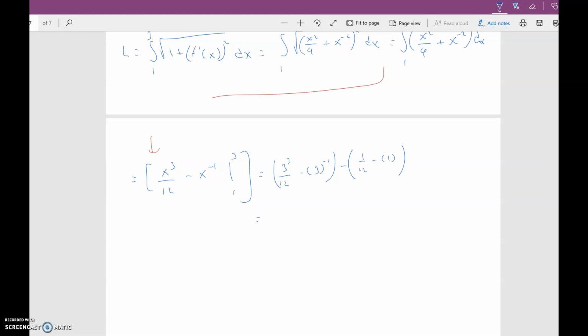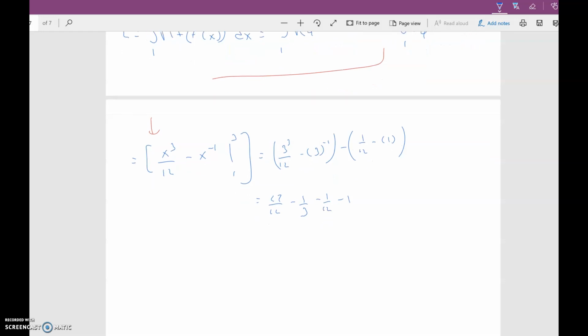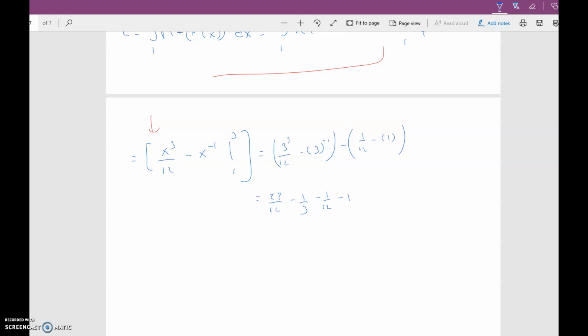So let me see if I didn't mess up somewhere. No, so this one is going to be 27 over 12 minus 1/3 minus 1/12 minus 1. Whoops, it'll be plus 1 because we're distributing out the negative to those two.